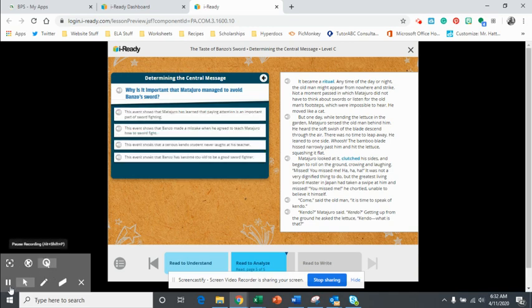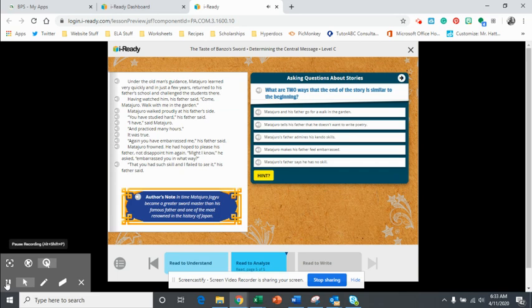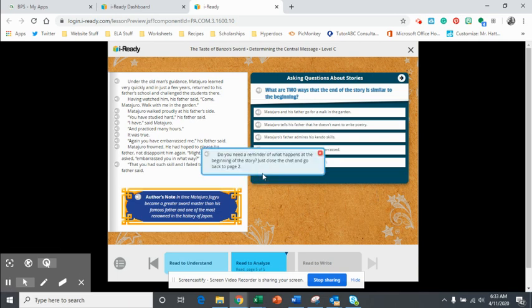All right, in this question, we're asked to find 2, not 1, but 2 ways that the end of the story is similar to the beginning. Now, our hint is going to tell us, hey, you know what, if you need to go back to the story, all you have to do is click on the back arrows and you'll go back to the beginning of the story.